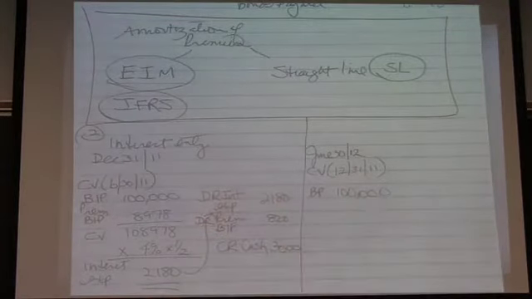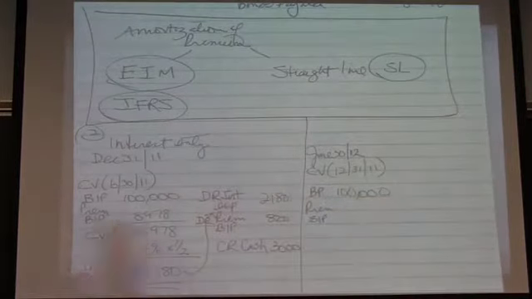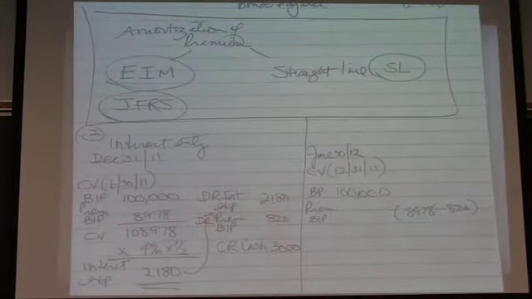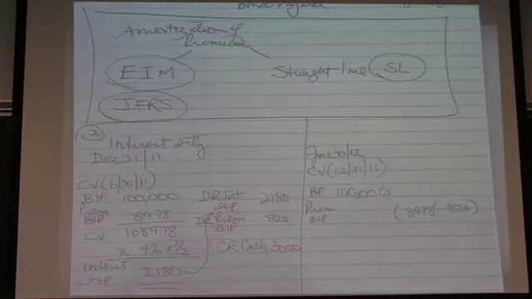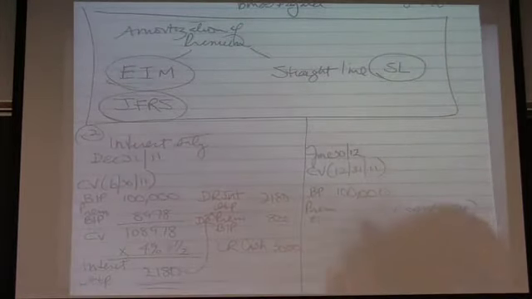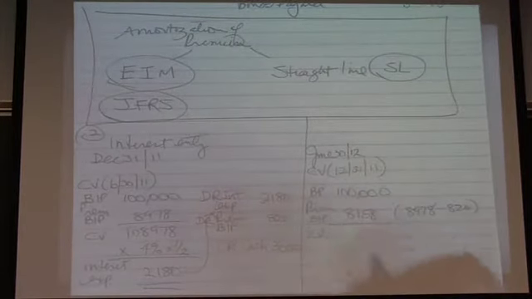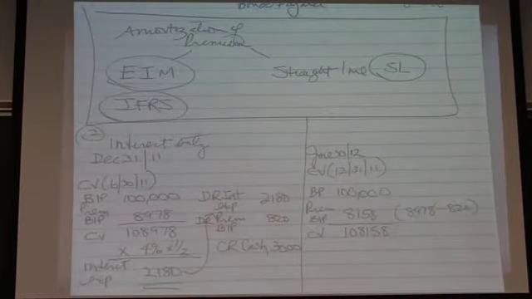Now, what is the unamortized premium on bonds payable? We know that it was $8,978, but we've already amortized $820. So now the unamortized premium is $8,158. So now the carrying value is 108,158. You notice that the liability is going down? Of course, it's going down because we want that ending liability to be 100,000.